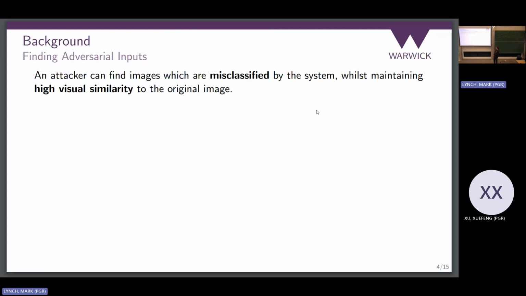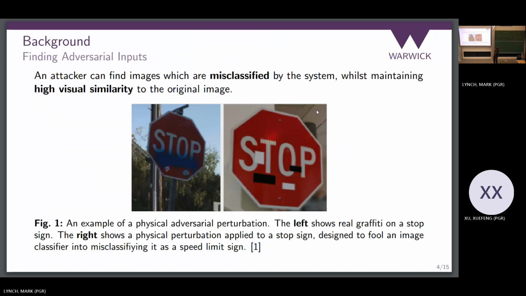To give an actual example, here we have a physical adversarial perturbation. On the left, we have a stop sign with just some regular graffiti on it. And on the right, we have a stop sign which has an adversarial perturbation applied to it physically. These are the white boxes and the black boxes.